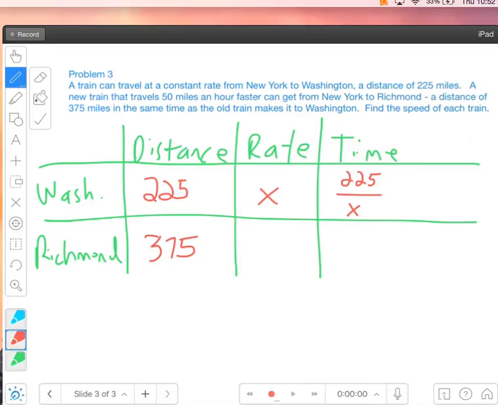And so the rate we can write for the Richmond train is X plus 50. So if the distance is 375 miles and the rate is X plus 50, that means the Richmond train's time would be 375 over X plus 50.